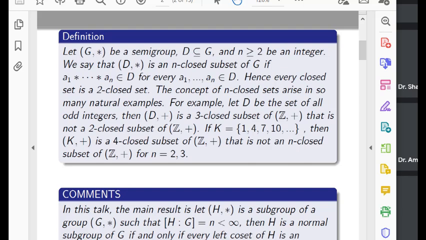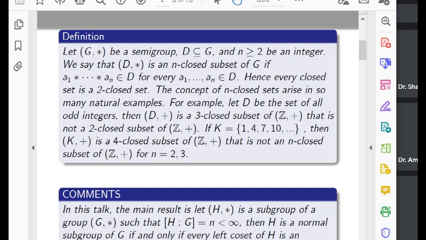Here is the comment. If you read the main result, if you have a subgroup H of a group G and the index of H inside the bigger group is n less than infinity, and remember the index here, all of us learned that it is the number of all distinct left cosets of the subgroup H inside the bigger group, then I was able to characterize normal subgroups in terms of n closed sets.